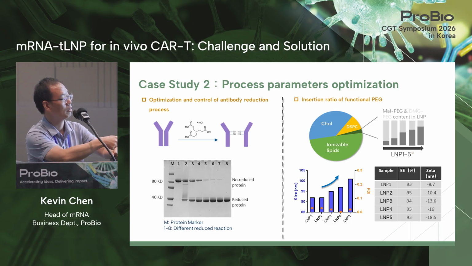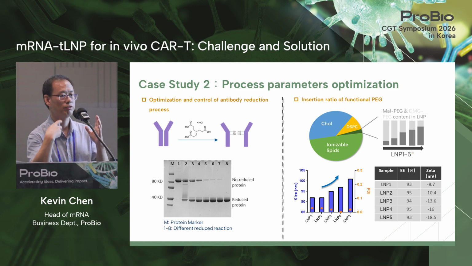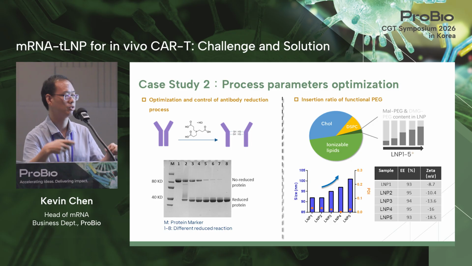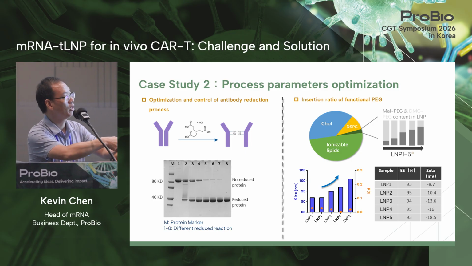We listed them as LNP 1, 2, 3, 4, 5. As you can see, these different LNP samples have increasing size. That is easy to understand, because if you increase the maleimide-PEG in the formulation, you will have more antibody conjugated to the LNP, right? And the encapsulation and the zeta potential are quite stable.